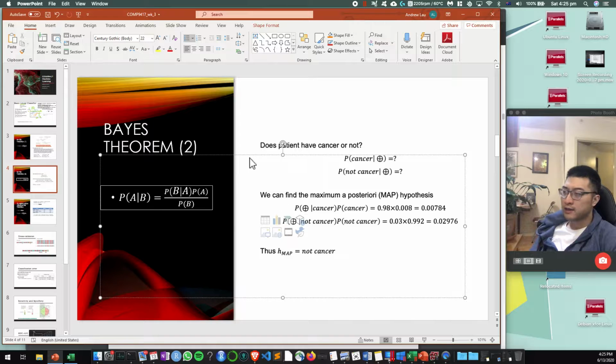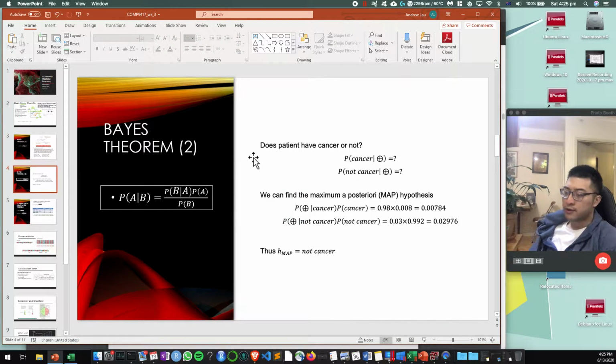Here it is in practice. Yes, here it is in practice. We want to flip it around. Okay, so you follow this, and the reason why the denominator isn't there is because the probability of the conditional, which is the probability of cancer given positive, this one doesn't change.